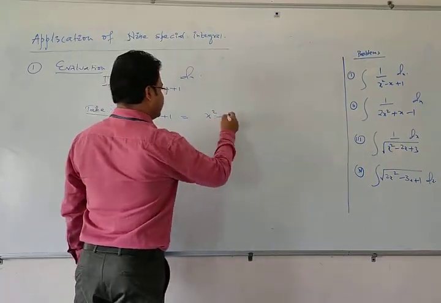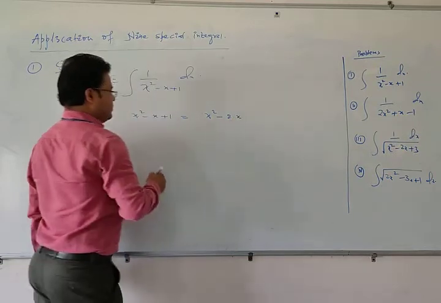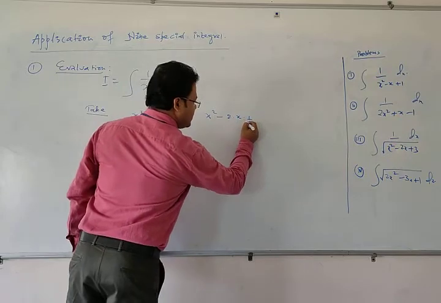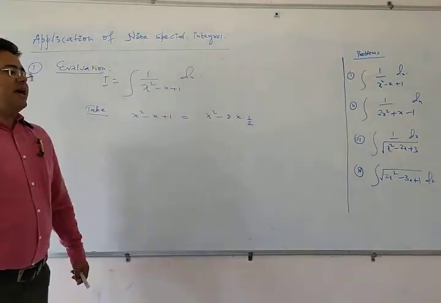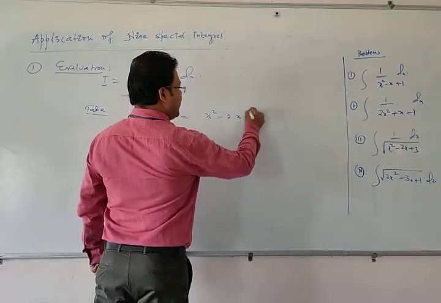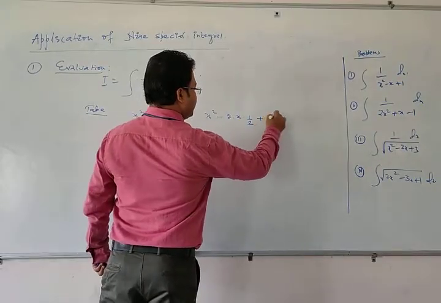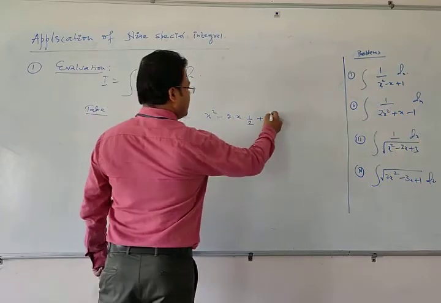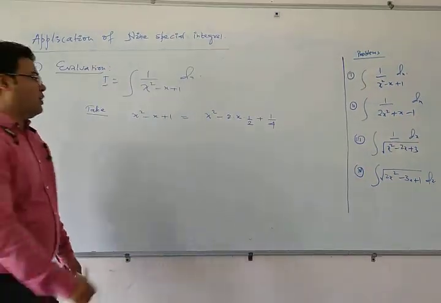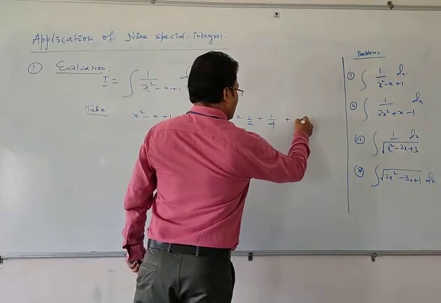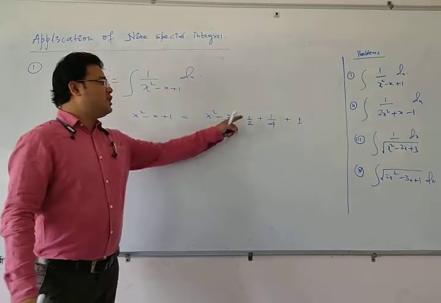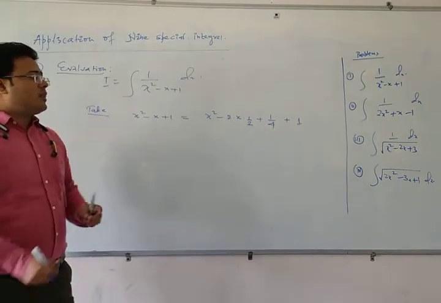But you can see here this is only minus x, so we have to manage it. So we divide 2x by 2, so that it becomes only x. And in place of b, you can write 1 by 2, so we write b square as 1 by 4. Plus 1 is already present here, so we write 1. But 1 by 4 is written extra.